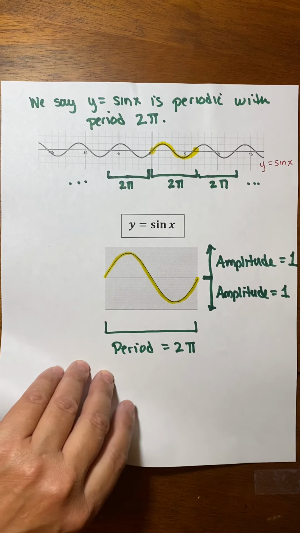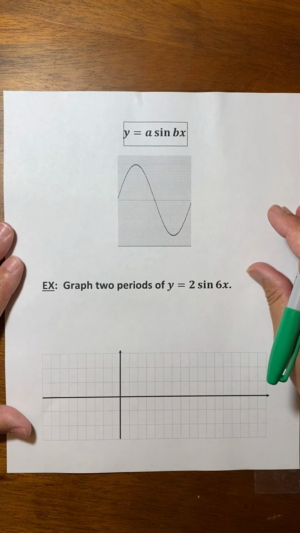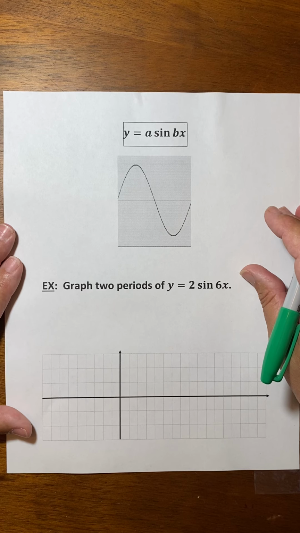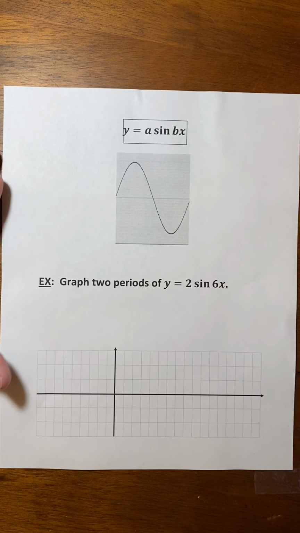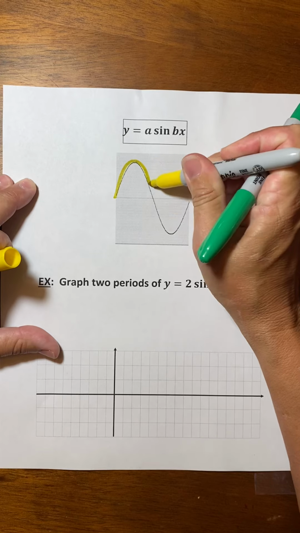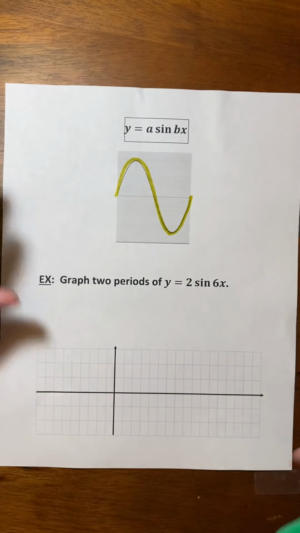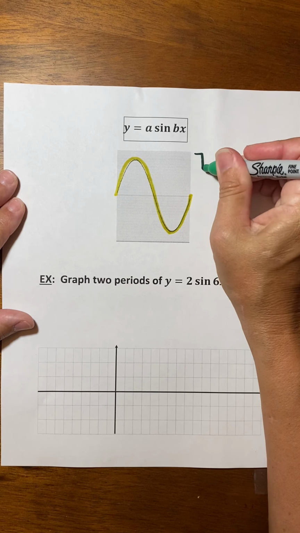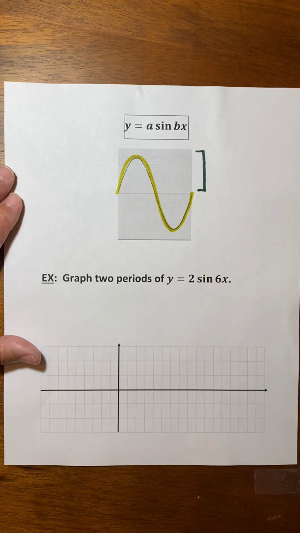So what happens when we jack it up a little bit? Let's look at one period of y equals a, a constant, times sine of bx, a constant times x. What changes is the amplitude and the period, but the shape does not change. We still have a hill followed by the same size valley. The amplitude from the center to the top is going to be the absolute value of the leading coefficient.